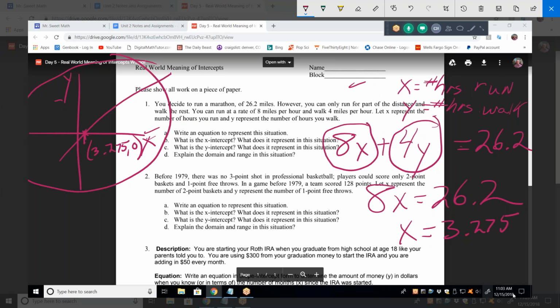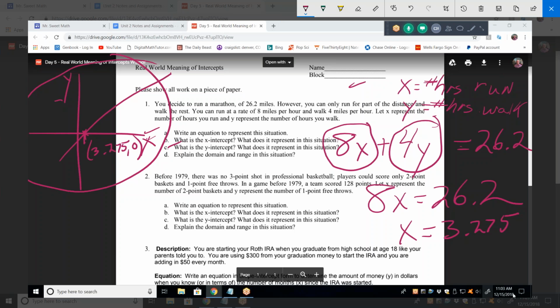Okay. Now, what's the y-intercept? Well, no. What is true? I'm not sure why so many students have a hard time understanding this, but it's really, really key. When you're talking about the y-intercept, what do you know about x?